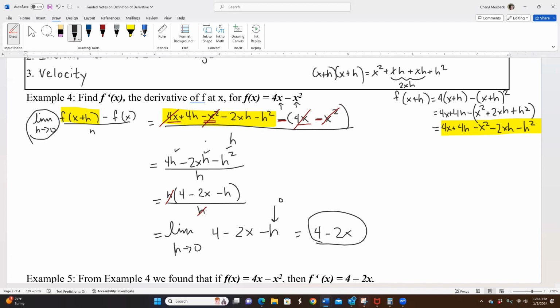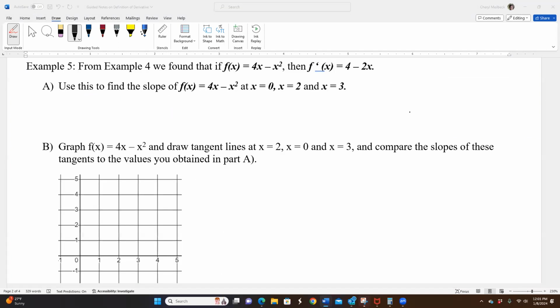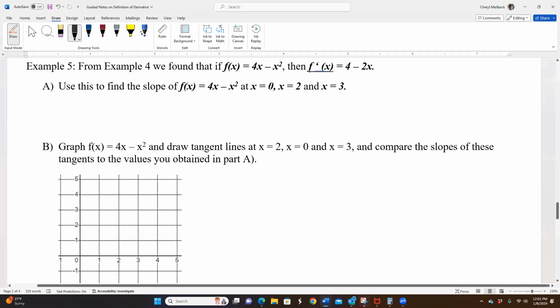Let's try the next one. In example 5, it wants us to use the fact that we found the derivative of 4x minus x squared to be 4 minus 2x. So we want to use that to find the slope of the tangent line of this function at 0, 2, and 3.